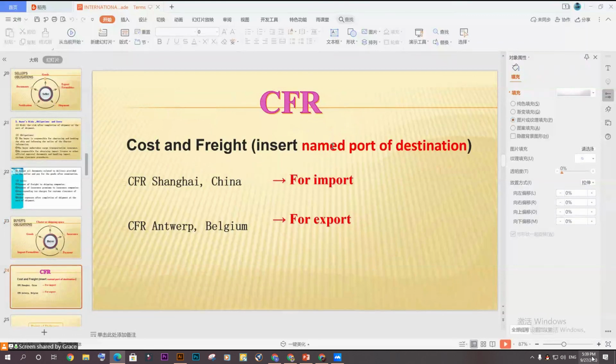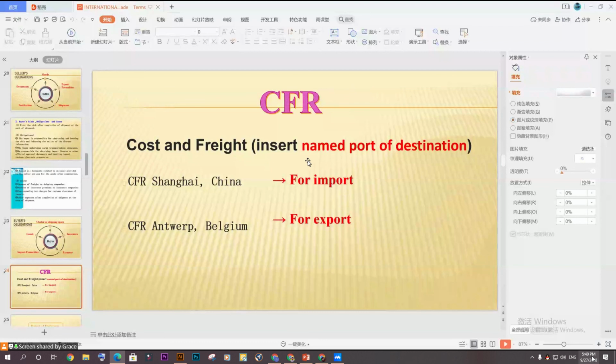Okay, let's look at what CFR is. CFR means cost and freight. So the capital letter C means cost, and the capital letters FR mean freight. And following this term, there is also the name of a place.